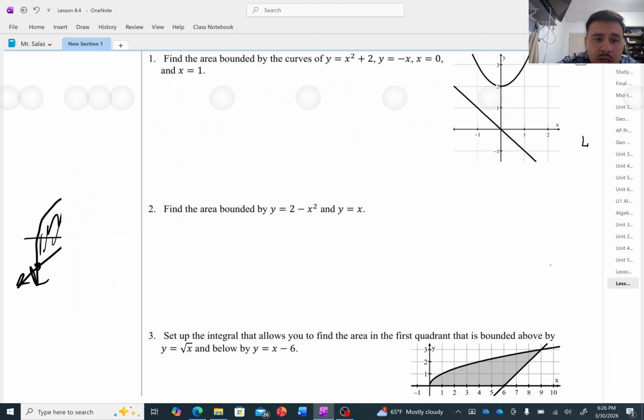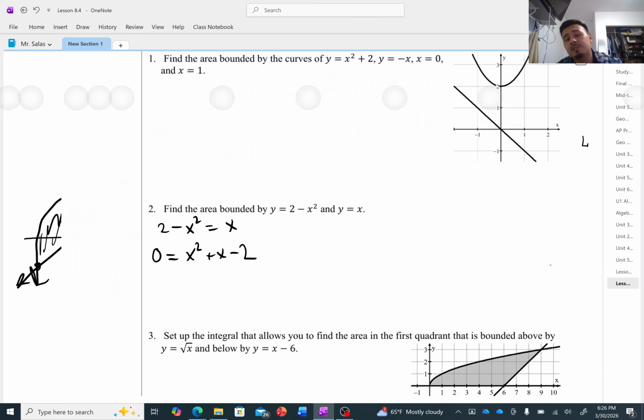I had 2 minus x squared is equal to x, and then 0, because again I'm shifting anything from the left to the right. So I'm going to have x squared, now it's positive, plus x minus 2. I just rearranged everything so it looks like a quadratic.